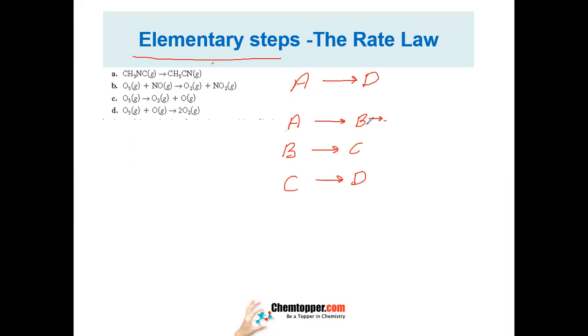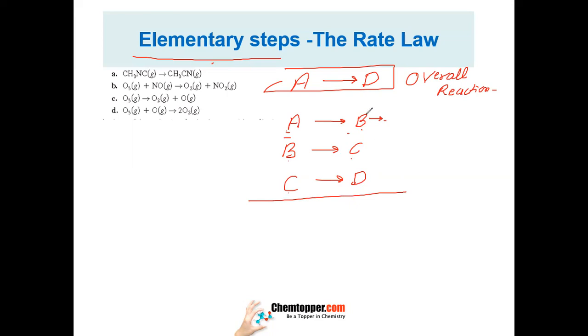A to B, you cannot further simplify it. It is the simplest step, an elementary step. A to D is the overall reaction. A to B is an elementary step, B to C another elementary step, C to D another elementary step. You add all these elementary steps, step 1, step 2, step 3, and you get the overall reaction A to D.